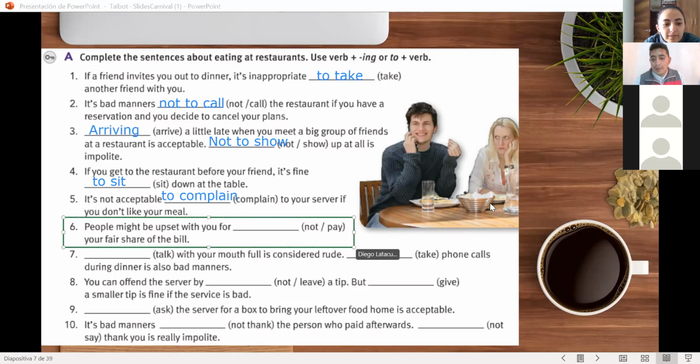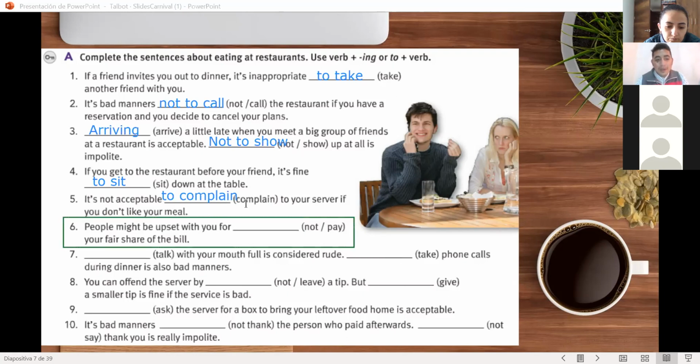Okay, guys. So let's see someone else. Please, Galo, help me with question number 6, sorry. Galo, are you there? ¿Sí me escucha? Yes. People may be upset with you for not to pay your fair share of the bill.